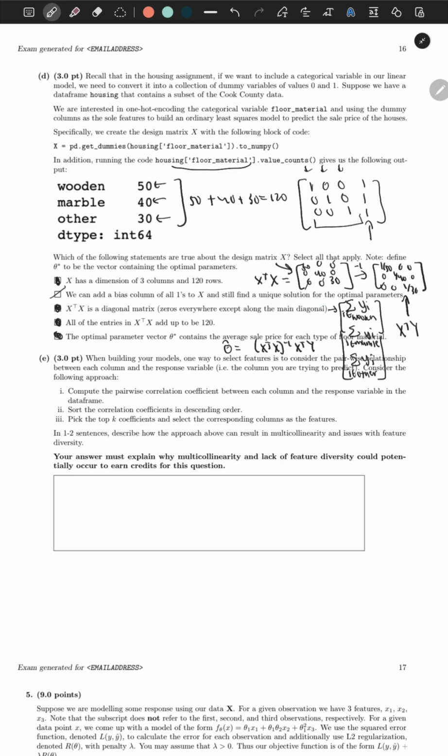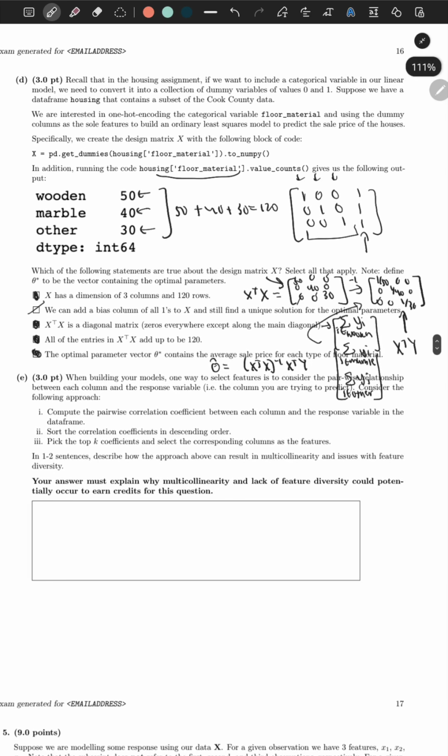And if we multiply this vector with the inverse of X transpose X, this is just us adding up the total price of, let's say, this first element, all the wooden houses, and dividing by the total number of wooden houses that there are. And this is just simply the mean of the prices of all the wooden houses.